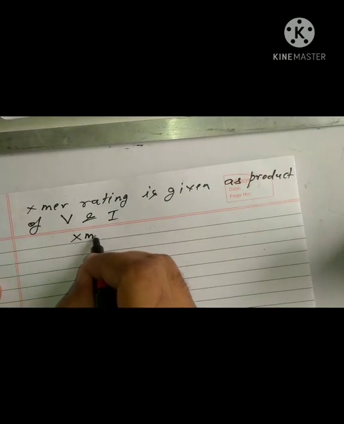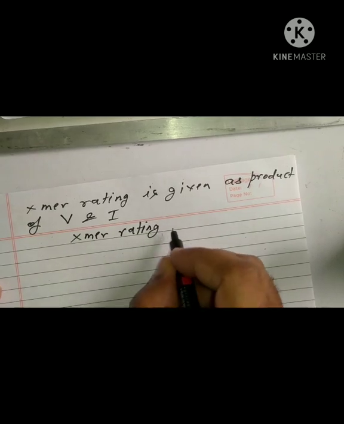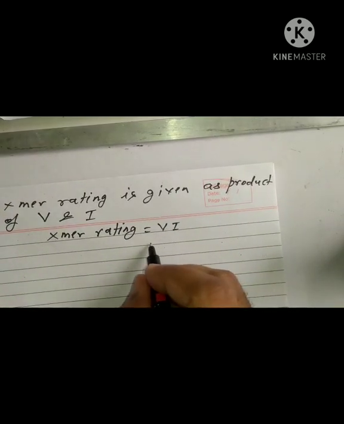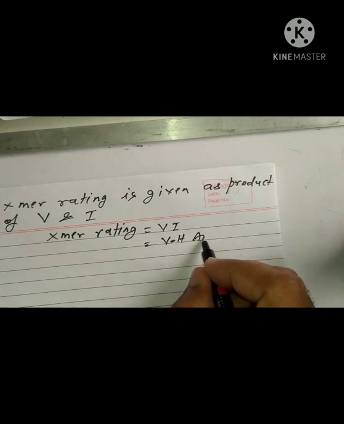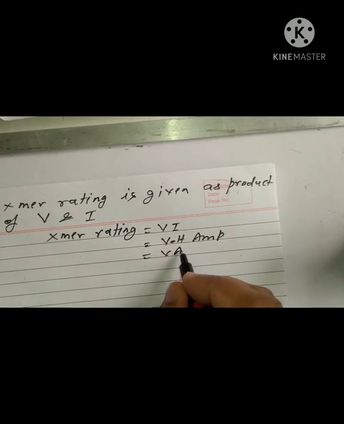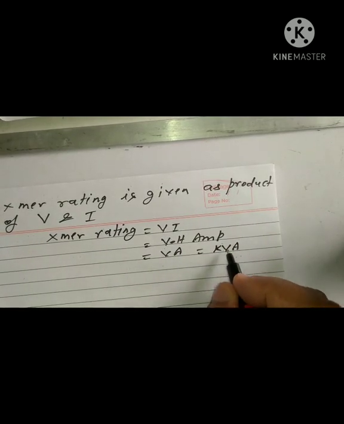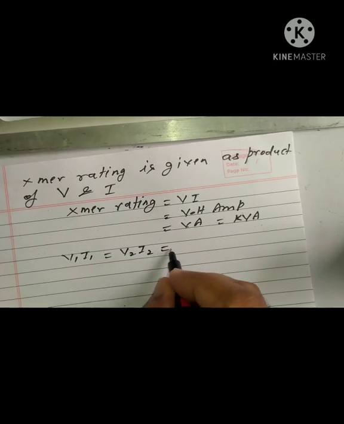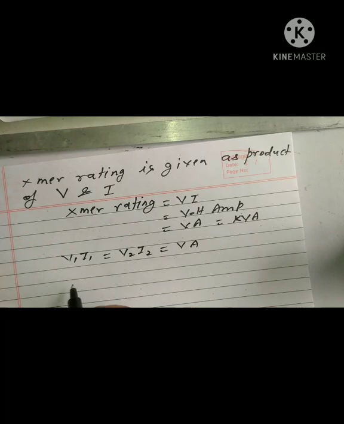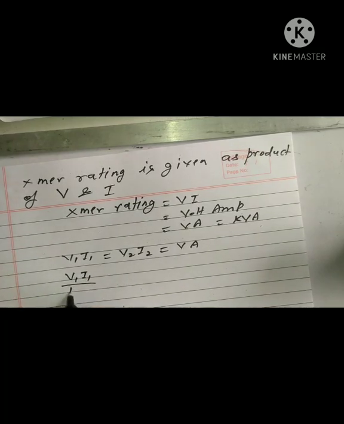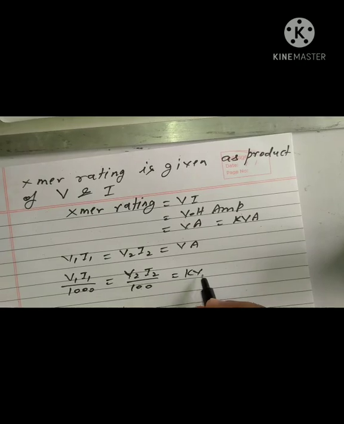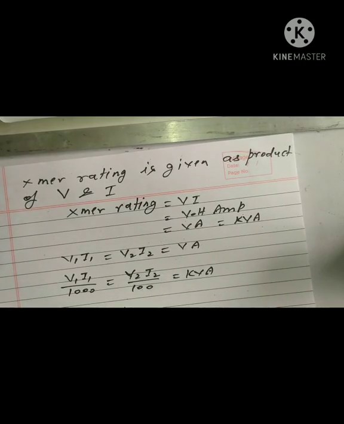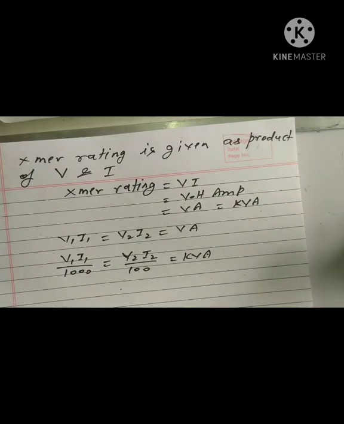So we can say transformer rating equal to VI, that can be written as volt into ampere, that is VA, or can also be written as kVA, kilovolt ampere. And we know V1 I1 equal to V2 I2. This is the volt ampere rating. And if I divide them by 1000, V1 I1 by 1000 equal to V2 I2 by 1000, it will be kVA. So this is the rating of transformer, which will be decided by the temperature rise. That's all for this lecture.